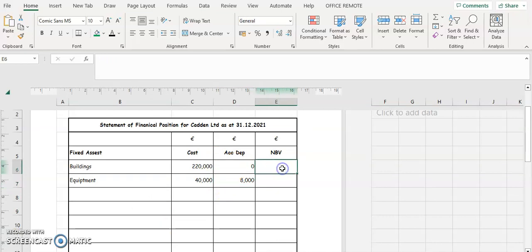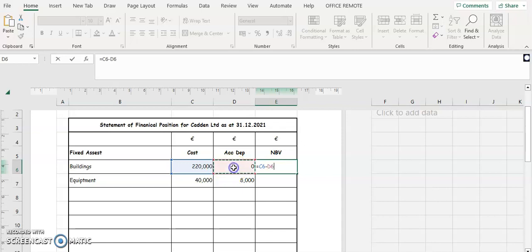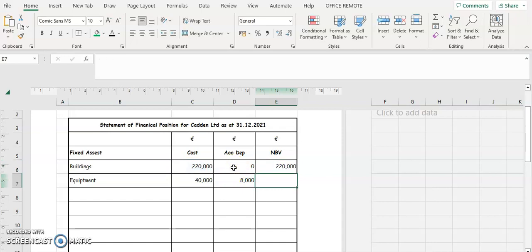Now your net book value is the value of the asset after depreciation. So remember, we depreciate our assets due to wear and tear, usage, and how old it is. So your net book value is taking the cost, take away what's in the accumulated depreciation column, and that's going to give you your net book value. So for equipment, it's going to be 40,000, take away 8,000, and that gives us 32,000.